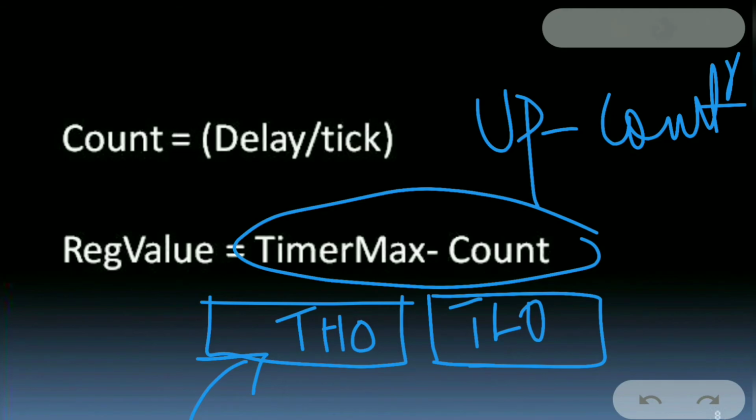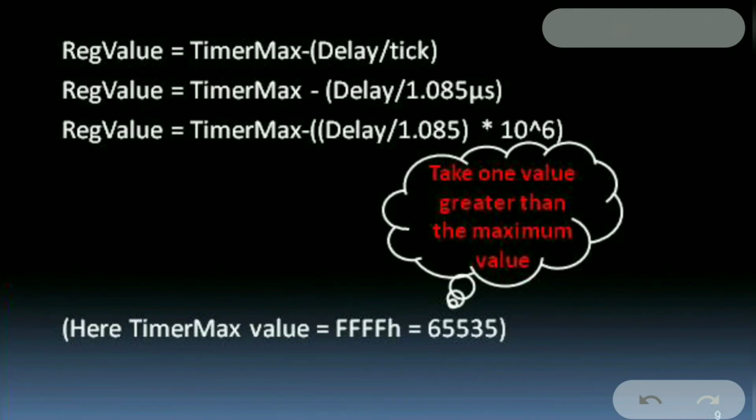Then we know that the maximum value for a timer register, if it is a 16-bit timer, is FFFFH, which is the hexadecimal value. The decimal value for FFFFH is 65535. So the maximum value is 65535.